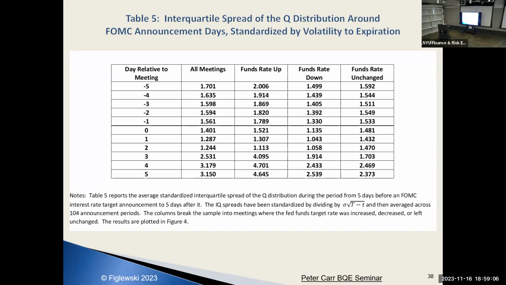What I did was look at the interquartile spread of the Q distribution day by day over the 5 days before the meeting and the 5 days after the meeting. The meeting happens at time 0. As the meeting is coming up, the spread is getting narrower and narrower.